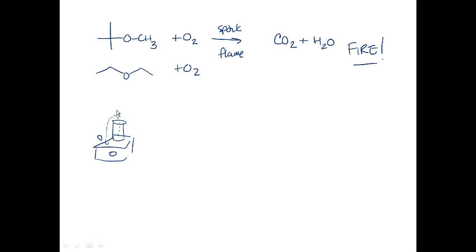I saw a kid do that in graduate school as well. He wasn't using a water bath to heat his ether, and he had a neat combination of ether and alcohol, which was twice as dumb. But you always heat these in a water bath because that helps prevent the ignition of those vapors.